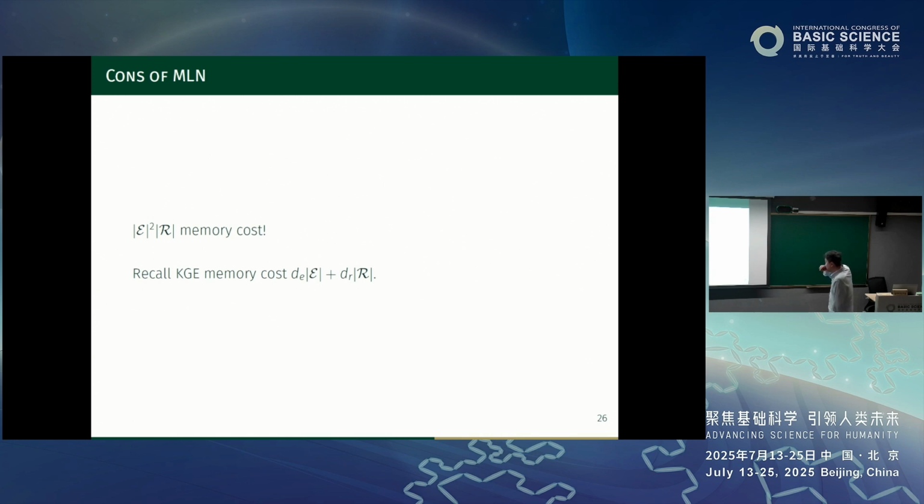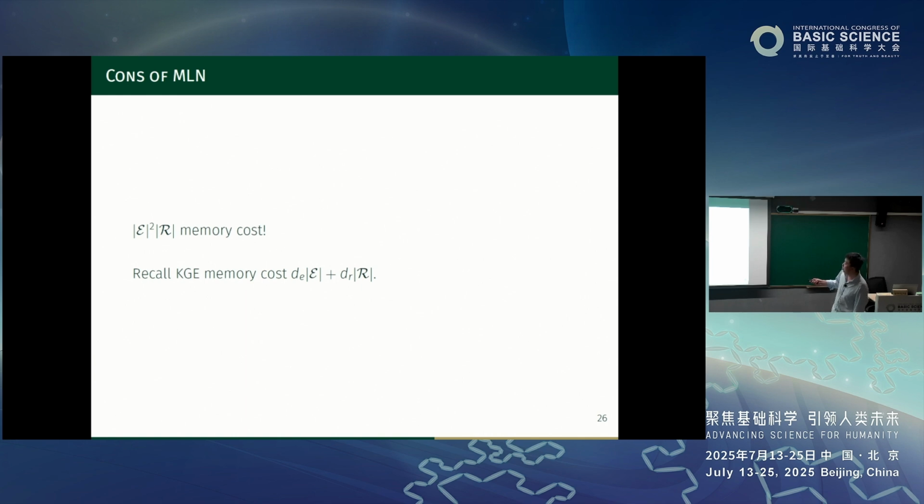Okay, next, the neural approach for MLN. As you can see, this one, x square r, is very memory inefficient, very large. Recall our KGE, knowledge embedding-based method. Our memory cost is only this one. DE is the dimension for storing entities.